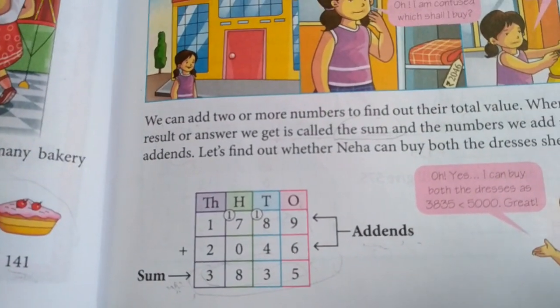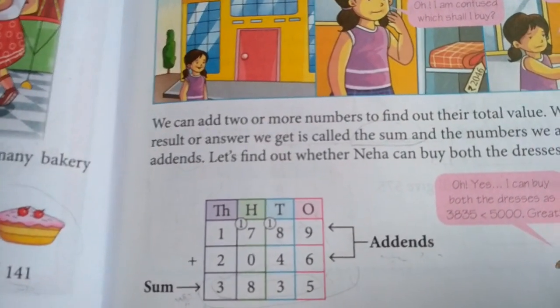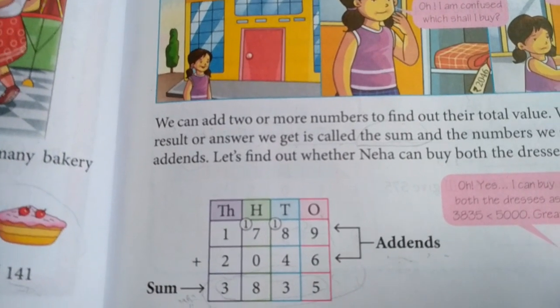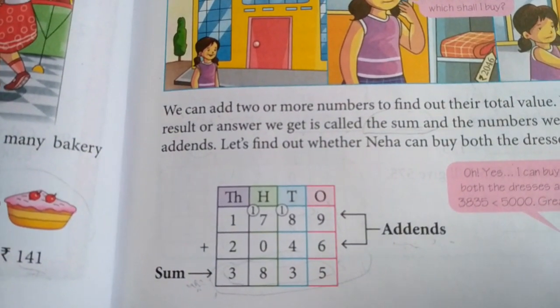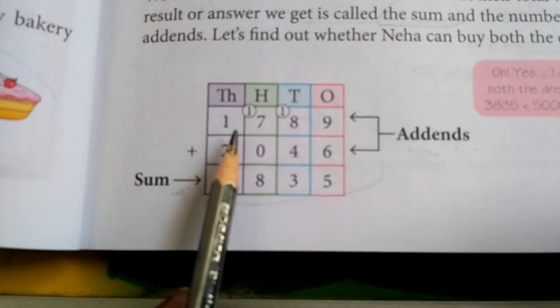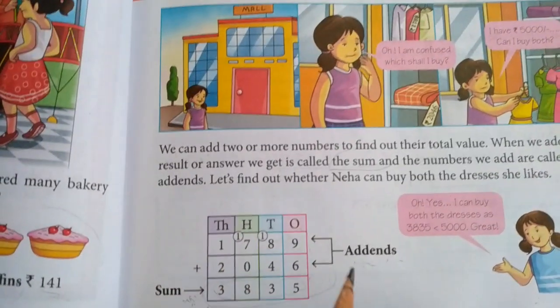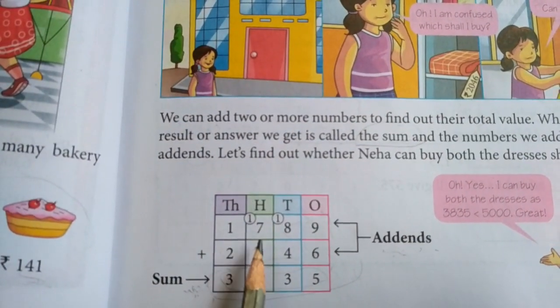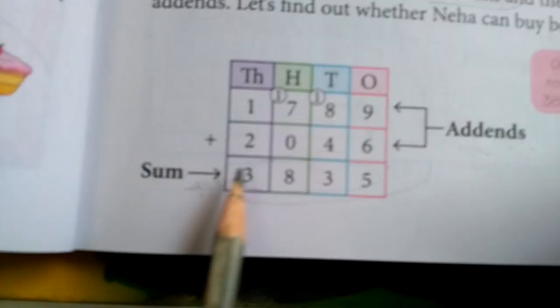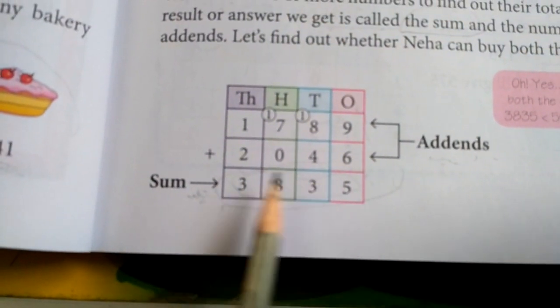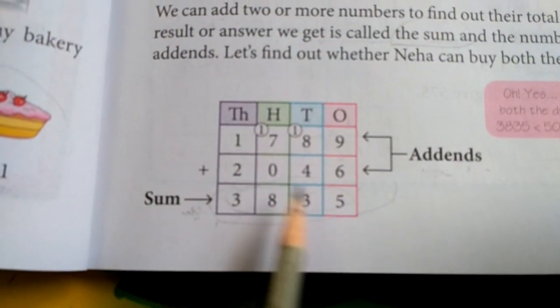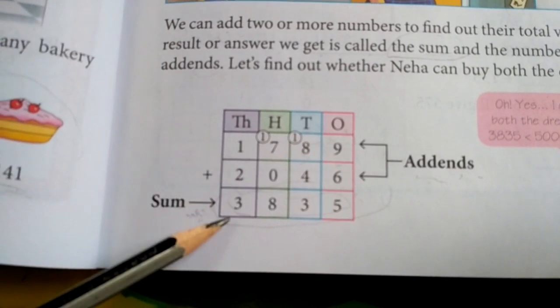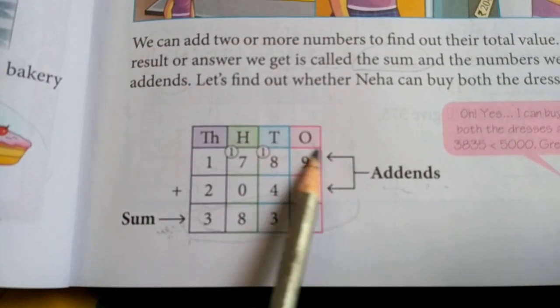The first step is to add the prices of the individual clothes: the price of the first cloth, 1789, and the price of the second, 2046.